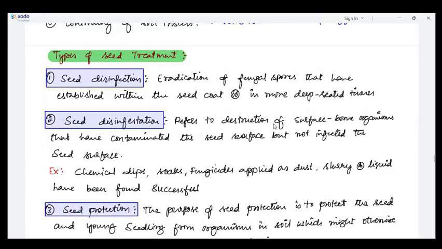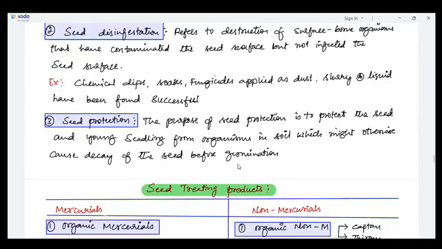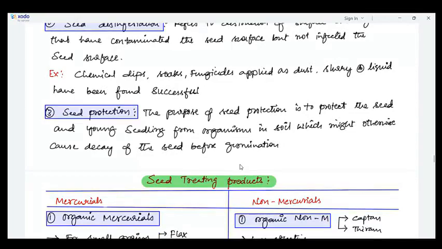Disinfestation means just removing the surface-borne organisms. Disinfection refers to the complete removal of all the fungal spores in more deeply seated tissues or in the seed coat. And seed protection, what is the purpose? Just to protect the seeds from the external influence of other microorganisms, pests and diseases.